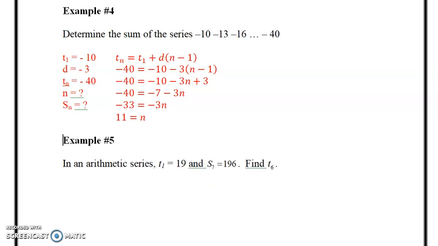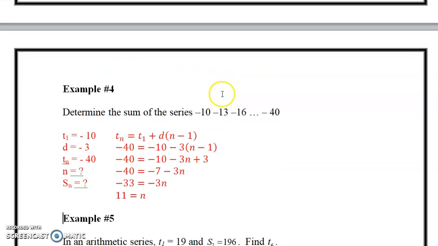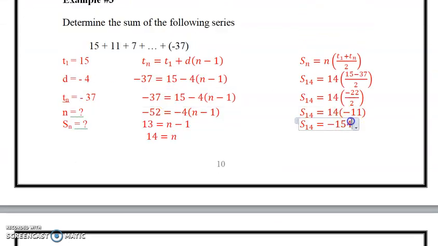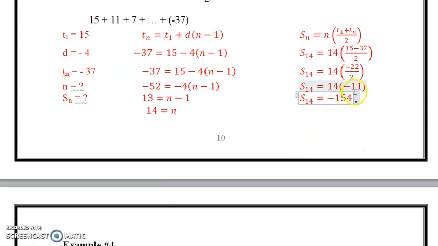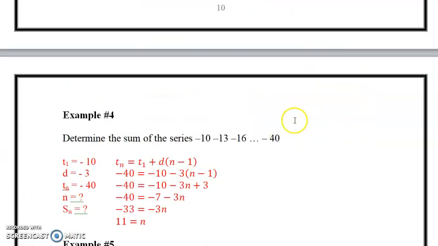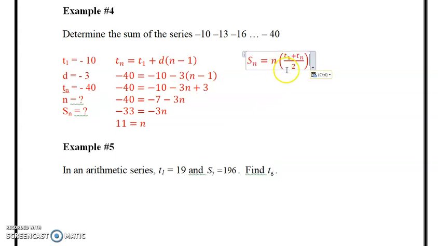Next, we're going to find the sum. In order to find the sum, I'll use the easier of the two. Again, you just want to be efficient if you can. Either formula for the sum would work because we have all 4 unknowns, so it's not going to make a difference. So we'll fill in n as 11 because we're looking for the sum of the 11 terms for this particular series. We know the first one is -10, and then the last one is -40, so we can add -40, which is the same as subtracting 40, divided by 2.